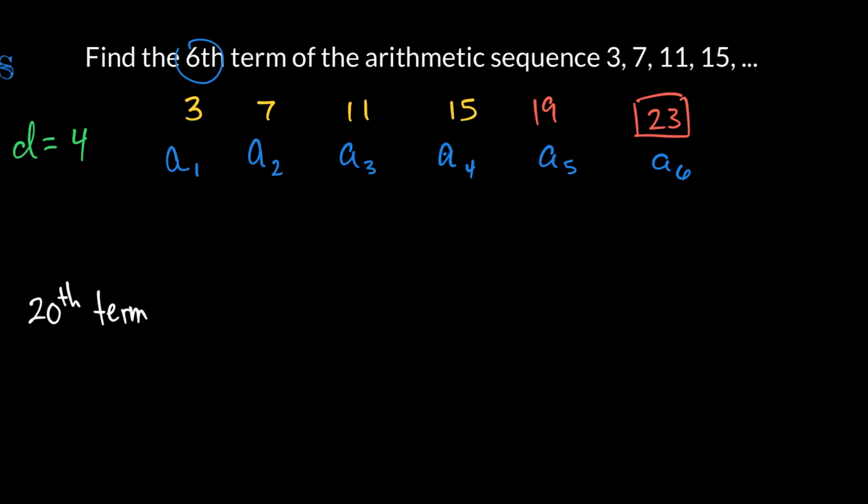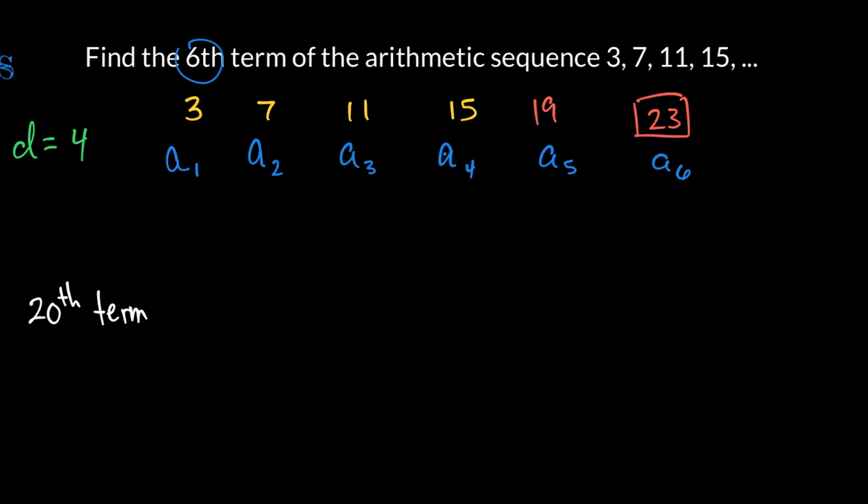If I add 4 each time here, how many times did I have to add 4? I had added 4 1, 2, 3, 4, 5 times to get to the sixth term. I had to go 5 times to get to the sixth term.